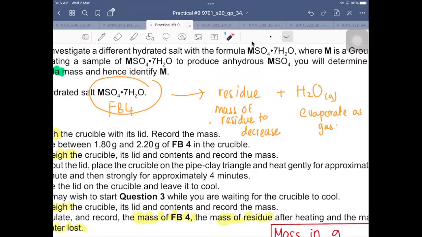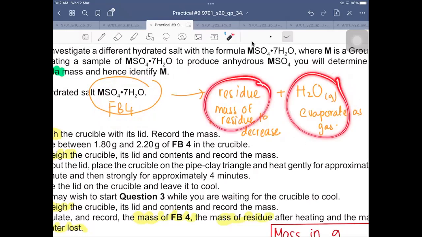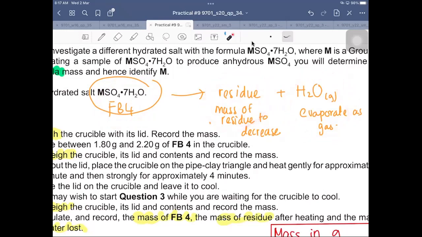That 0.5 grams is associated with the gas that has been formed. And I need to let that gas escape. I do not want to take the mass of the gas. Because if I don't let the gas escape, my residue will still be 5 grams. And how can I do my calculation?